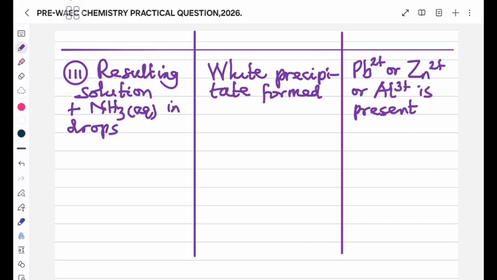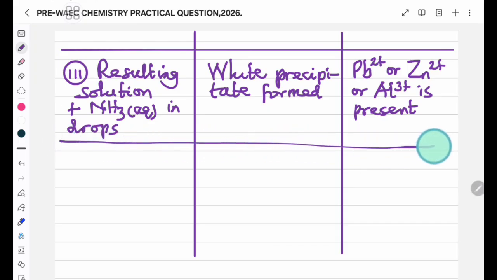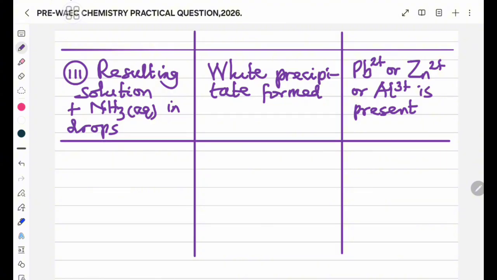But in this case, when you add aqueous ammonia in drops to the solution of the unknown salt and white precipitate is formed, the three of them give the same result. Rule a line, and add excess of the aqueous ammonia.